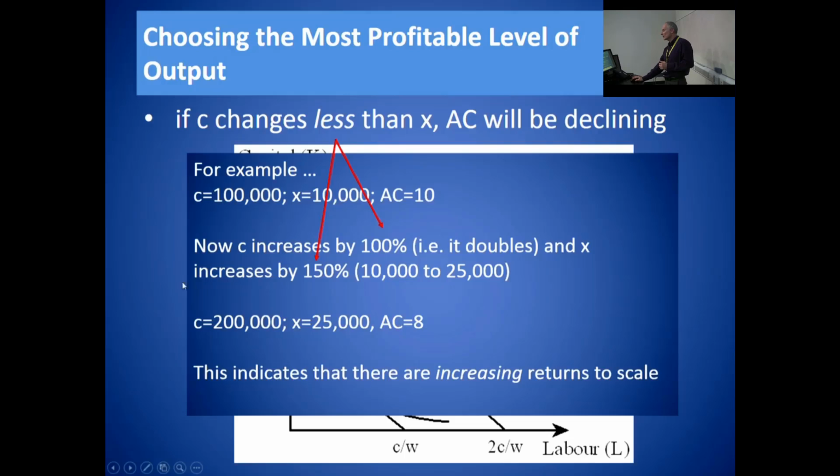So when C increases by a smaller proportion than output X, average cost will be declining. It goes from 10 to 8. That is what we get when there are increasing returns to scale. The change in costs is less than the change in output. And as such, average cost will be declining whenever there are increasing returns to scale. Always, always be the case. Increasing returns to scale, long-run average cost declines.